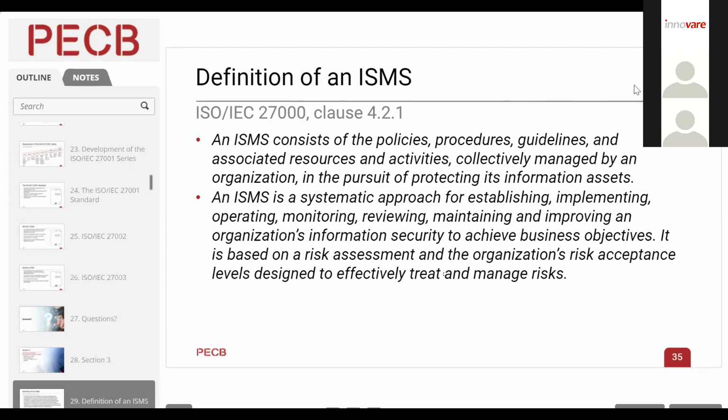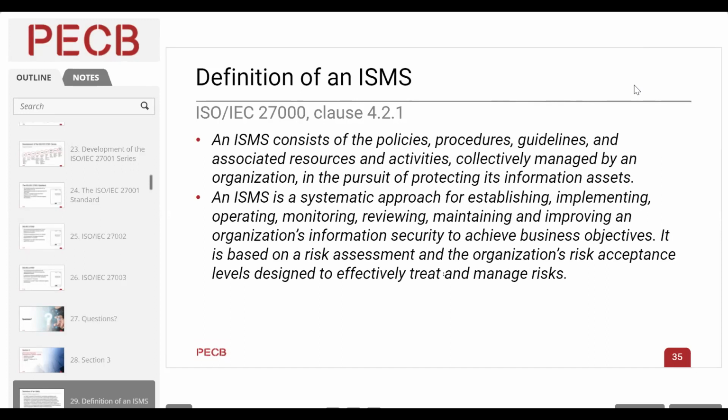Sometimes I've heard organizations say, oh, our IT is not much, it doesn't matter at all. You still need an ISMS, because from an ISMS perspective, we are looking at information in all forms. You can even have an organization that just has laptops, no applications. Everybody just has a laptop and they're using it.